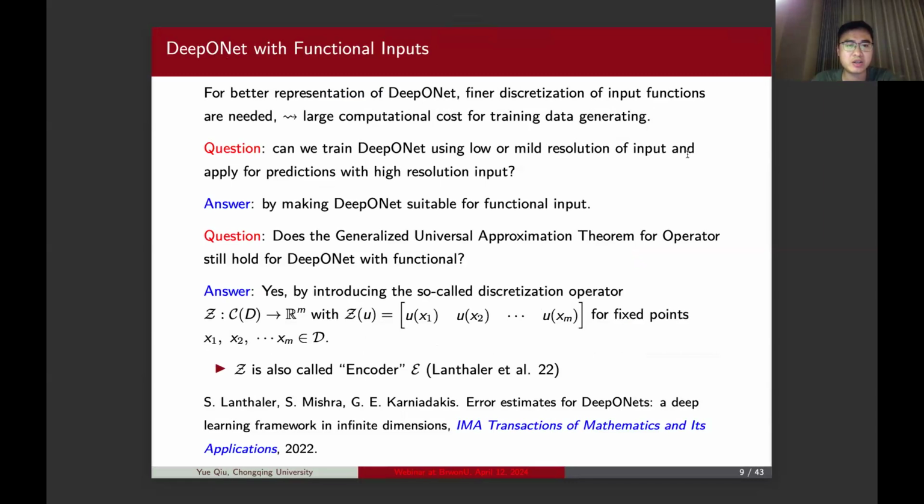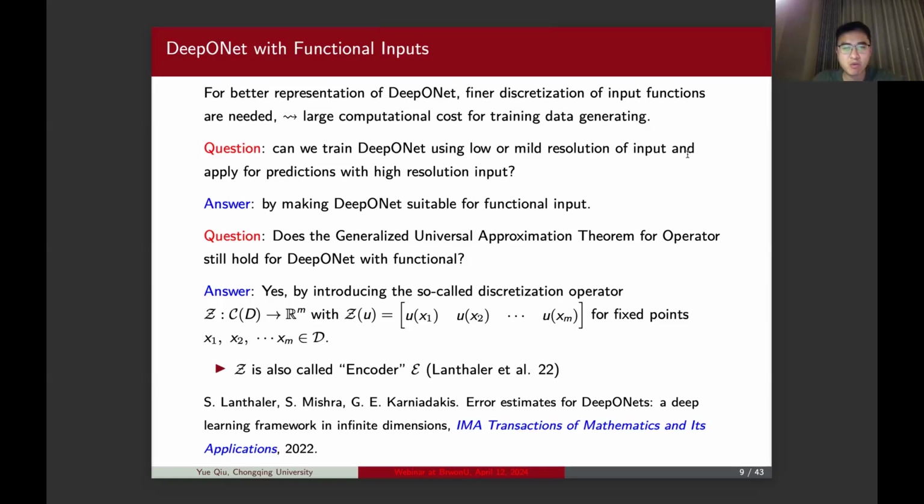We can use a so-called discretization operator that discretizes the functional inputs into discrete values. After we finished this part, we did some literature review and found that it was already proposed and studied in one paper, where they call this discretization operator the encoder.